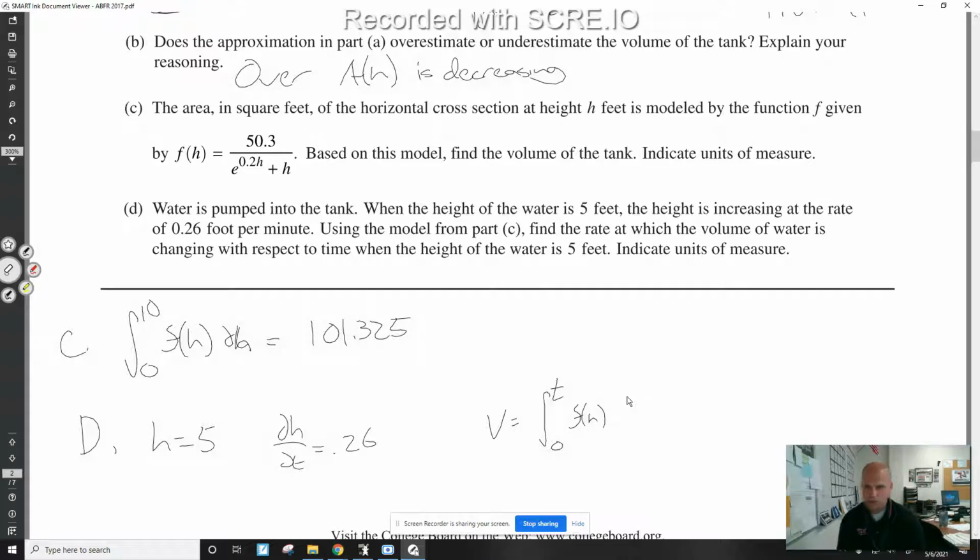We just took an integral to find a volume, okay? Now, for a specific time, 0 to t. Now, ready? Take the derivative of this. I get dV/dt equals.